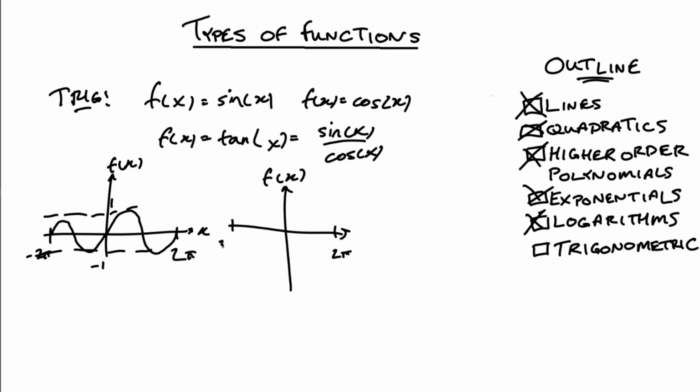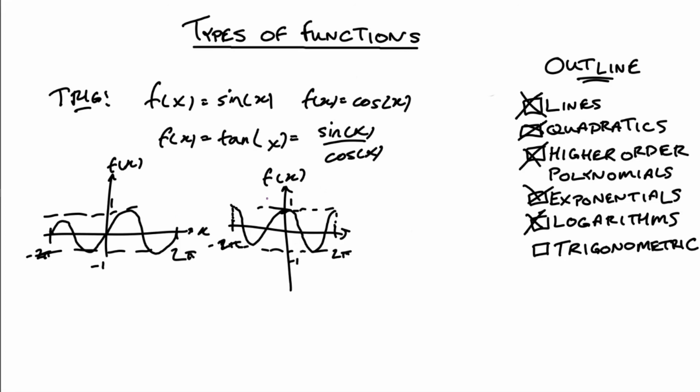So if we have 2 pi on one side, minus 2 pi on the other side, then cosine would look something like this. Great. And both of these functions are bounded. That is, they don't go above or below plus or minus 1 in their base form. And they also repeat forever.